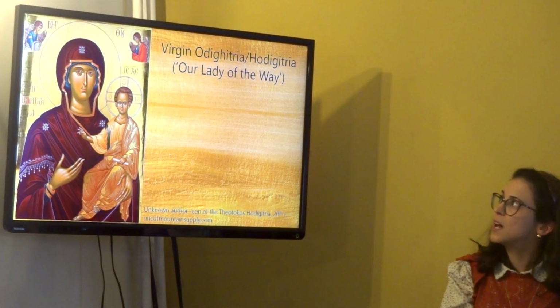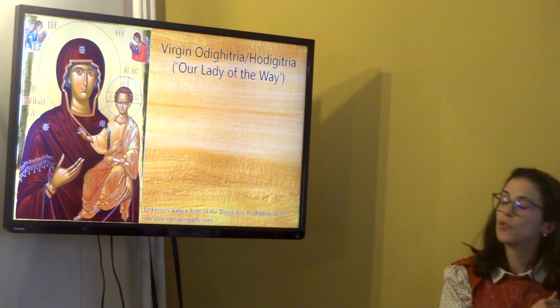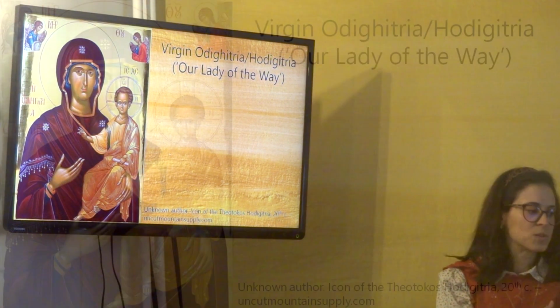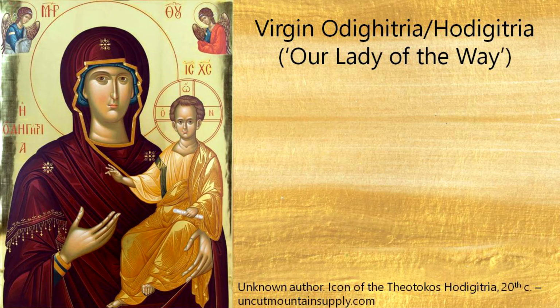And then another big type, we have the Virgin Odighitria, which could be translated as Our Lady of the Way. It also translates as the one who guides. And the main thing about this image is she's pointing at Jesus with her right hand.